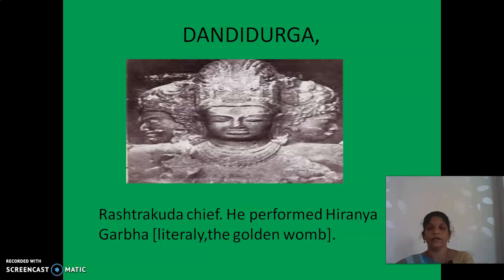Literally, the golden womb. When this ritual was performed with the help of Brahmanas, it was thought to let the sacrificer be reborn, so he became more powerful as a Kshatriya, even if he was not one by birth.